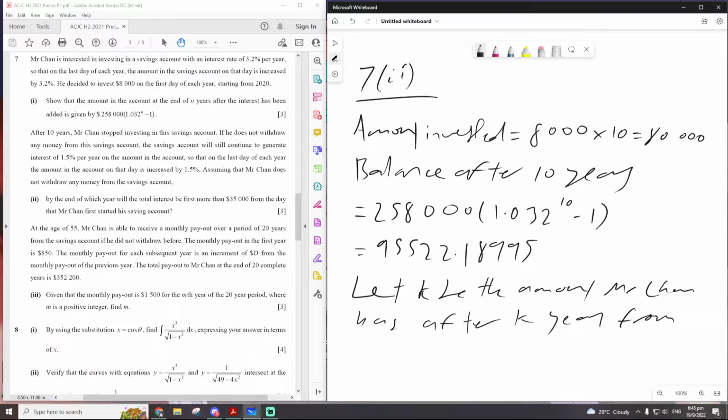He invested from 2020, so after 10 years his last one will be in 2029. K years from 2029 means that this 1.5% will start to be paid from 2030 onwards.